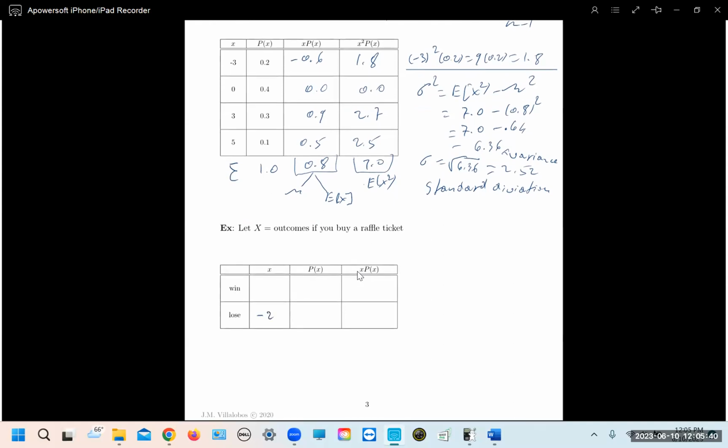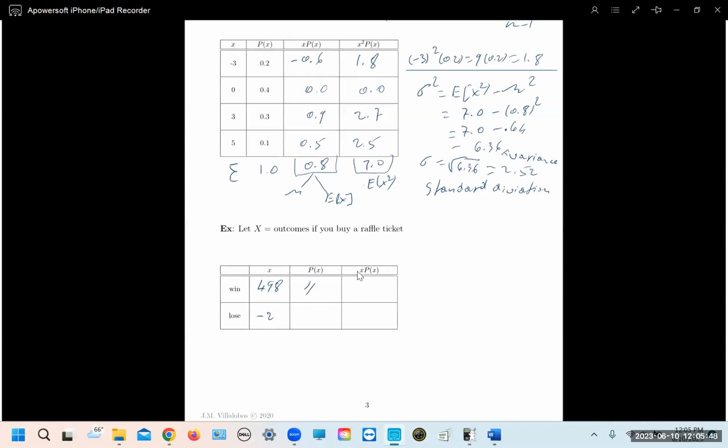If we go like that, we lose $2, but if we win, we win 498. The probability is 1 chance out of 500. The losing probability is 498 over 500, and the winning one is 2 over 500.